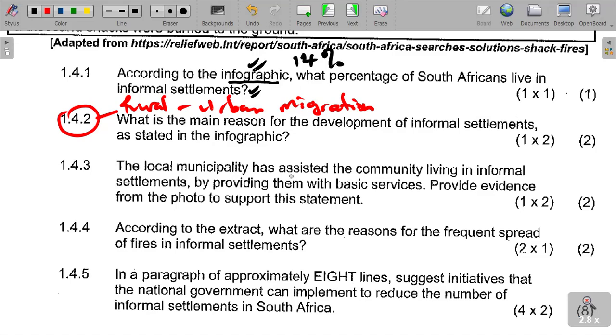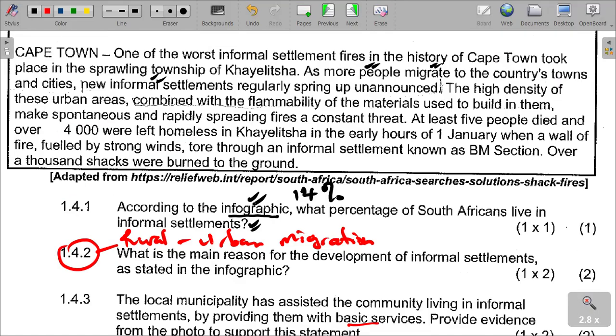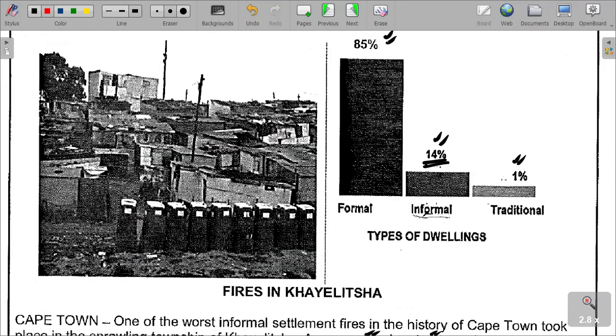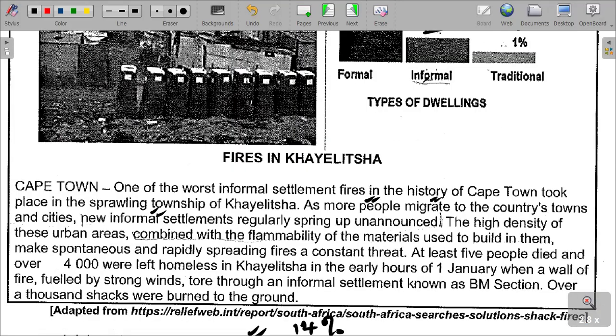The local municipalities assisted the community living in informal settlements by providing them with basic services. Provide evidence from the photo to support this statement. What services does the government provide to the settlement? What evidence can there be to support that?